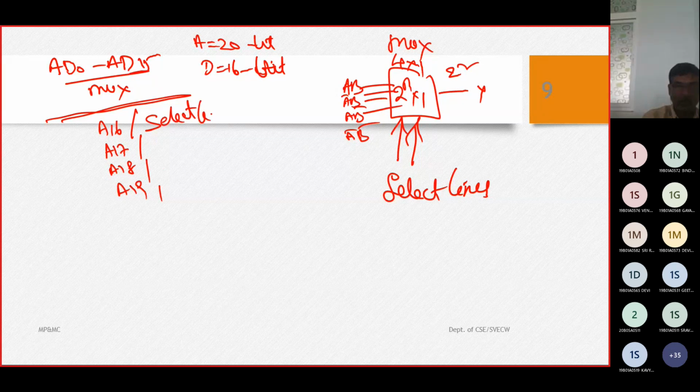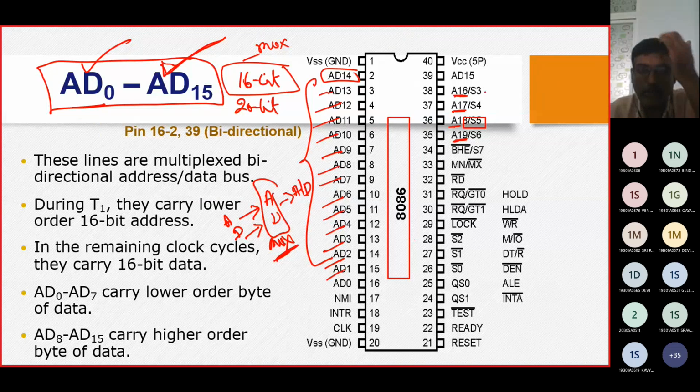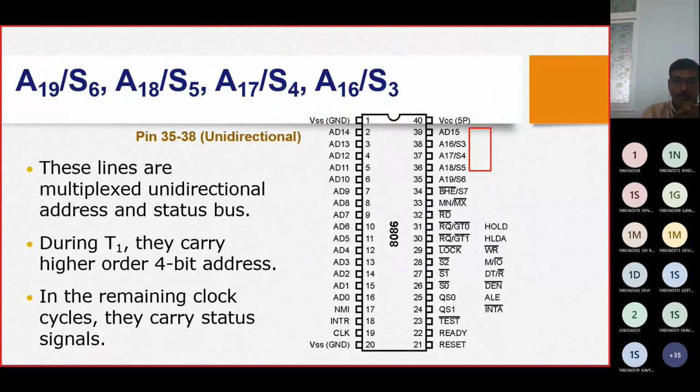It is going to have the select lines which are given at this point, that is S3, S4, S5 and S6. So up to now we have covered the address and the data.